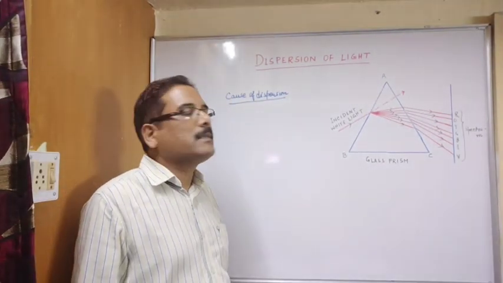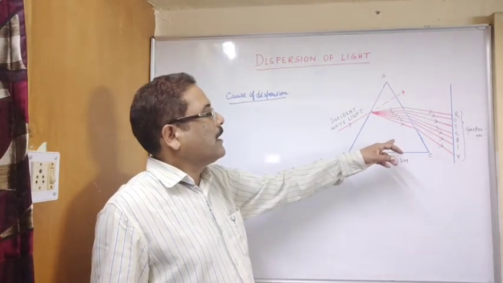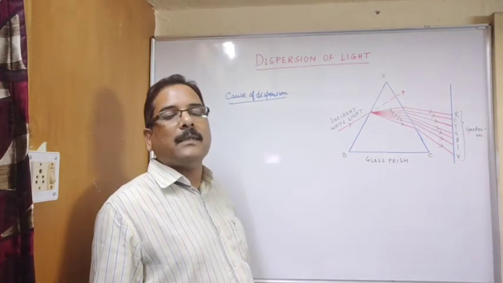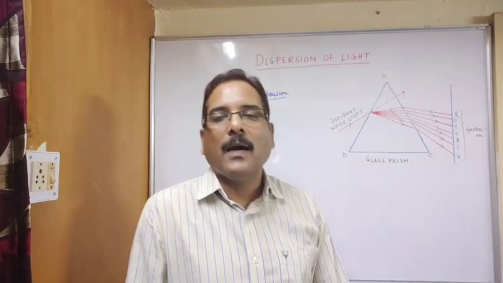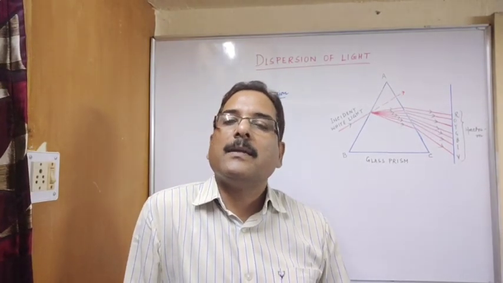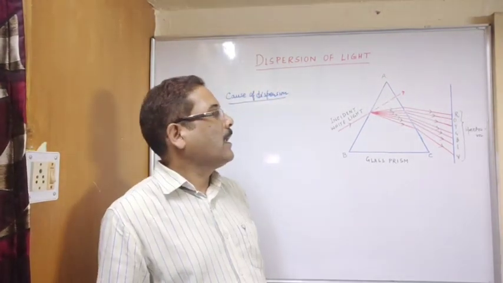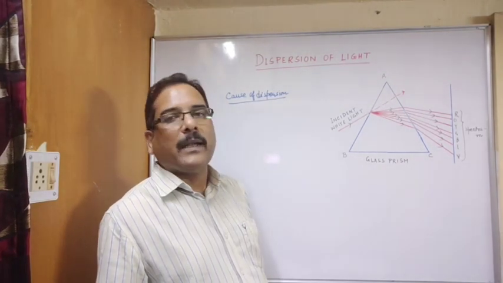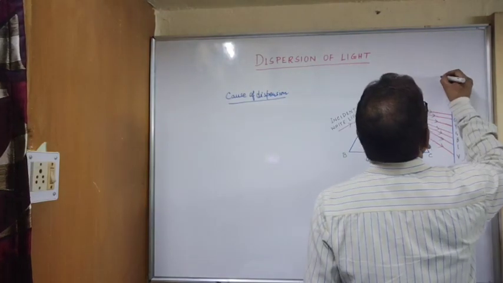So when these colors of light pass through glass, they bend through different angles due to change in their speed. When they pass through a glass prism, the different colors have different speed. That's why they bend through different angles and we get a spectrum on the screen. This is a screen.